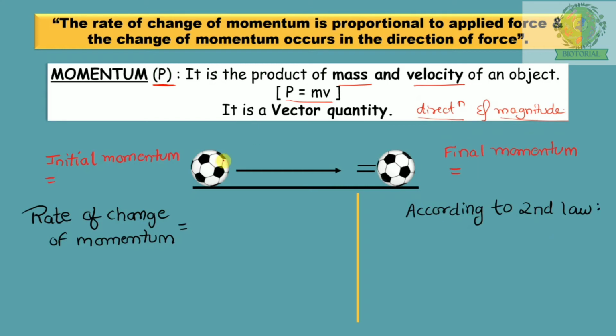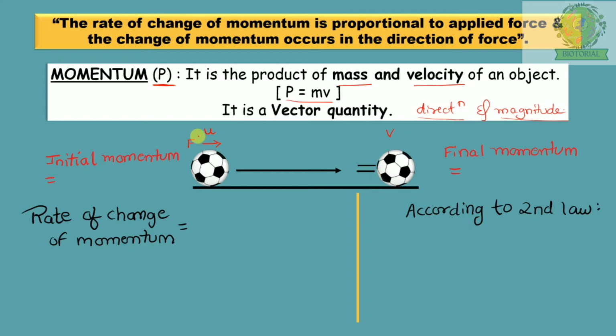Now let us consider a soccer ball. Okay, it is kept over here, and when we apply some amount of force in this direction, what do we see? That this ball will attain some amount of motion and will change its place. Okay, it will attain some amount of velocity. So let's say the velocity over here is u, okay, at the initial place, and velocity when it reaches the final place is v.